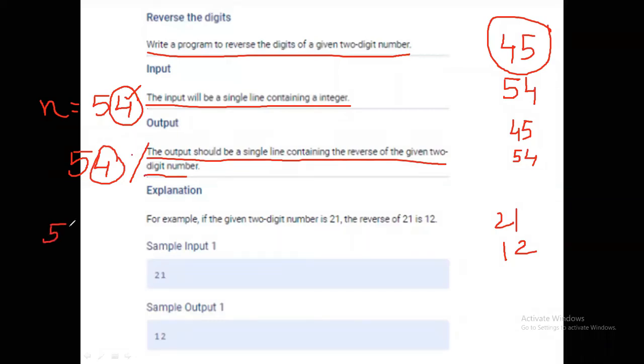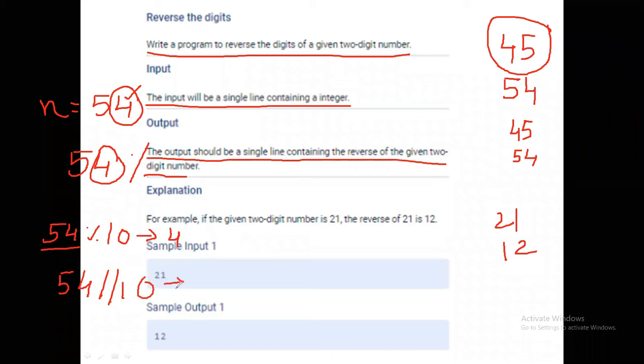54 percentage 10, modulus of 10, returns 4. So the remainder is 4. After that I update this number: 54 floor division 10.